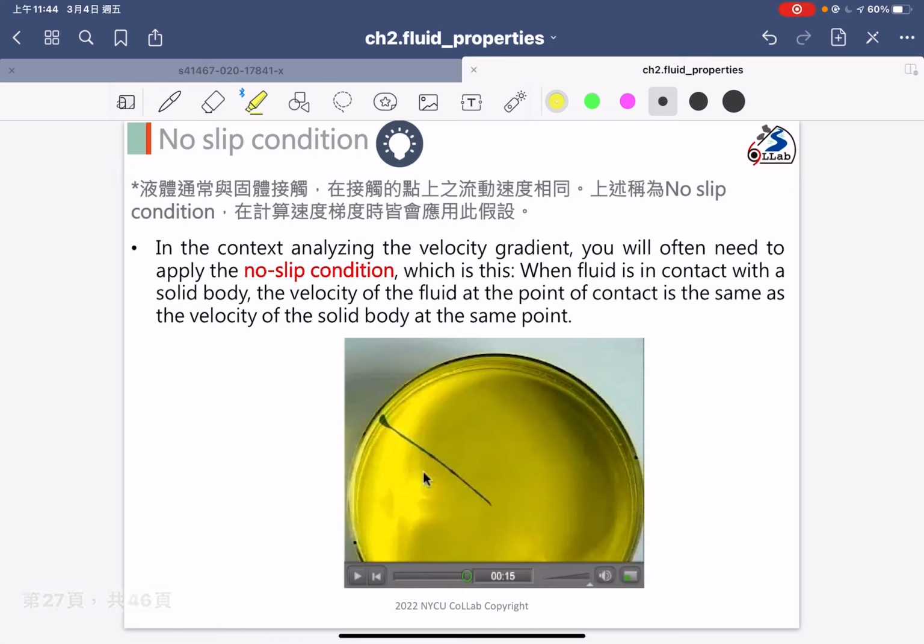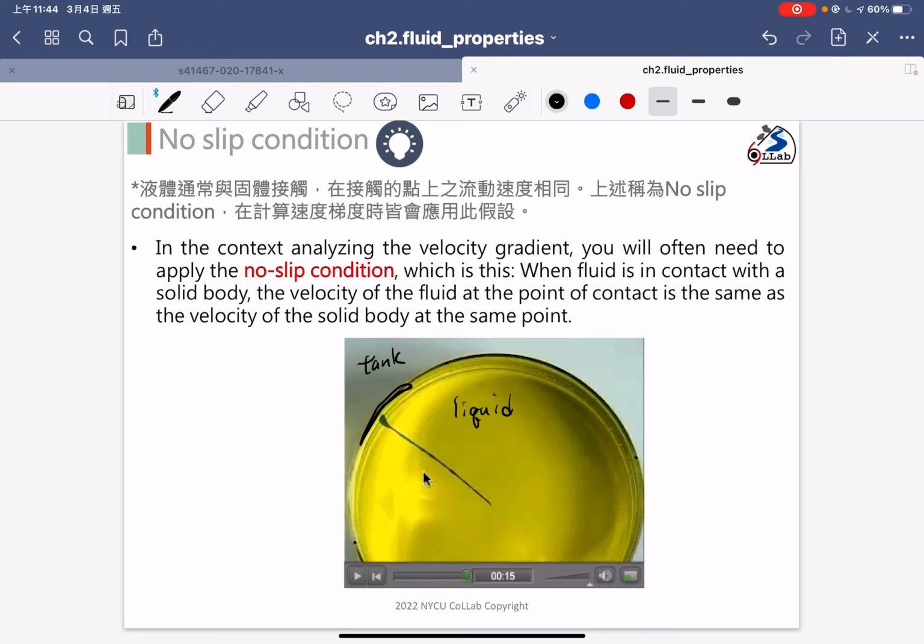And one assumption we call the no-slip condition. So that means you see the figure showing here, this is a liquid. The inside is some liquid, and the outside maybe is the tank.